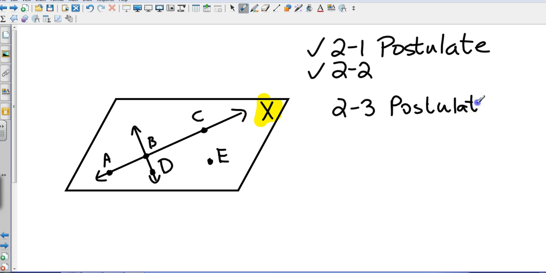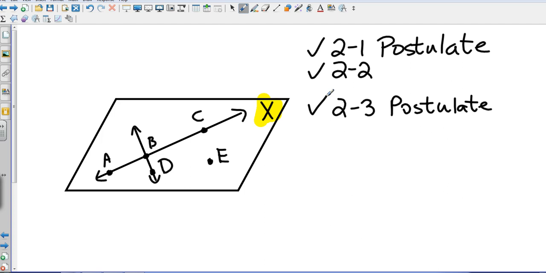Can we take our information and prove 2-3? 2-3 is if 2 lines intersect, then their intersection is exactly 1 point. So if line AC intersects with BD, it intersects at exactly 1 point. So yes, we could also prove that postulate.